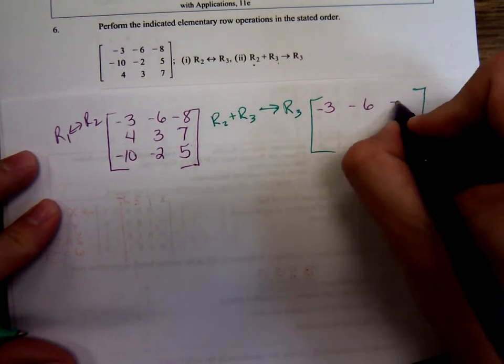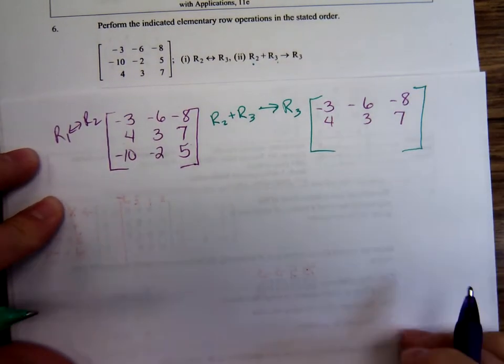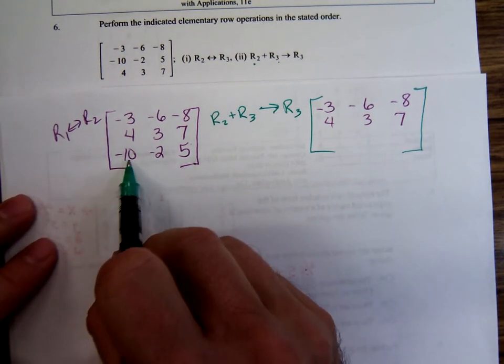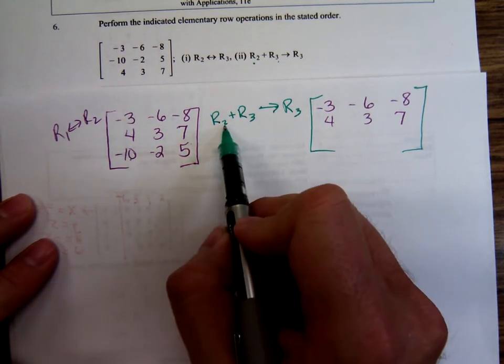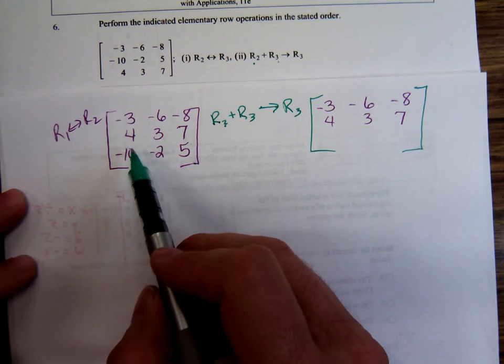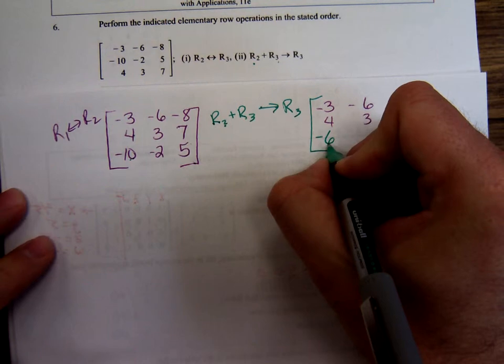-3, -6, -8, 4, 3, 7. Now, to get this new row here, we don't have to multiply row 2 by anything. It's just row 2 plus row 3. So we're saying 4 plus a -10. Is that a -6?